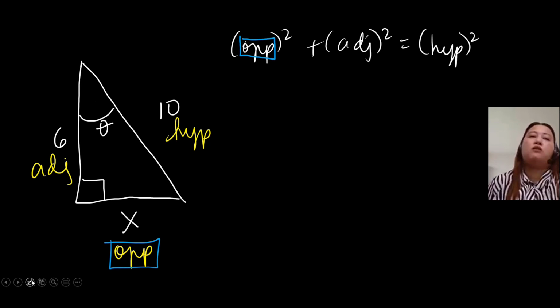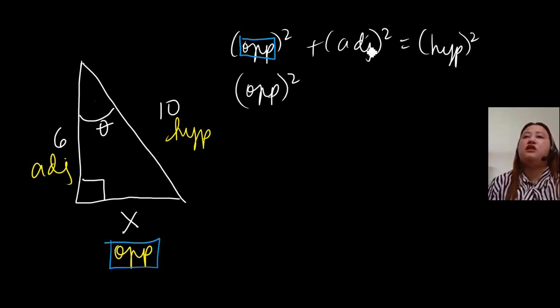How are we going to do it? First, you copy this opposite squared, since we do not need the adjacent squared on this side, because we need to come up with an equation in which opposite will be alone on one side.